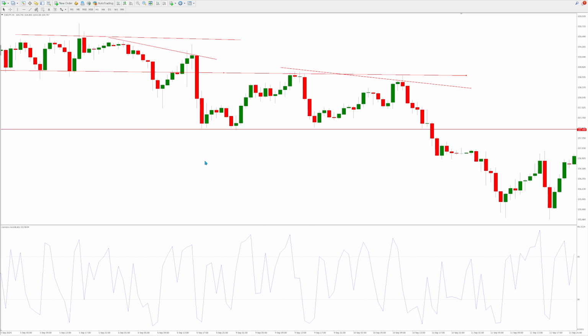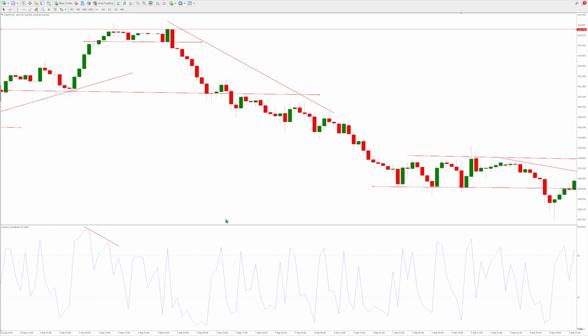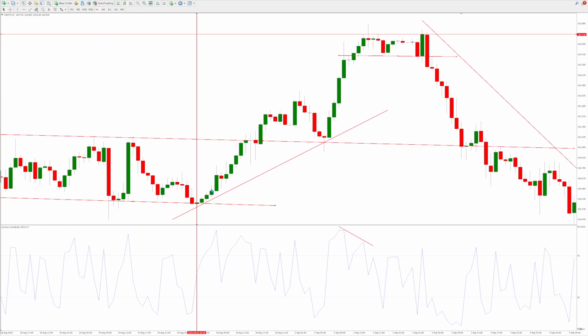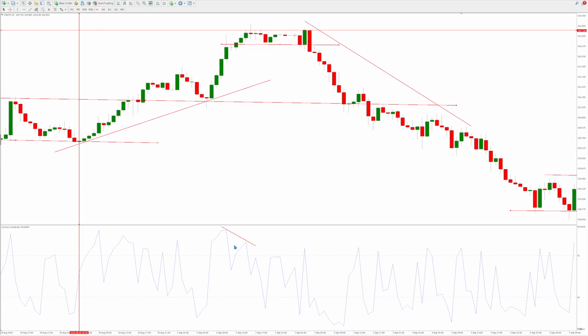Yeah, so the RSI, Connors RSI strategy, I would just look for a trend, keep an eye on support and resistance levels, and enter a sell trade when the RSI is overbought, or a buy trade when the RSI is oversold. Enter in the direction of the trend. I wouldn't buy if we're in or around the overbought area, just as I wouldn't sell if we're in or around the oversold area.